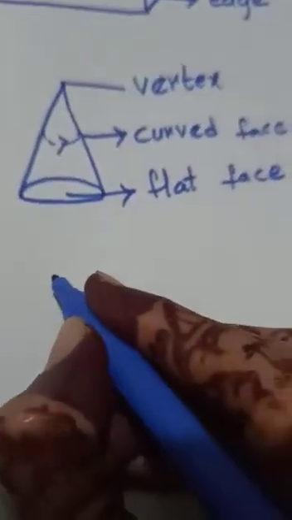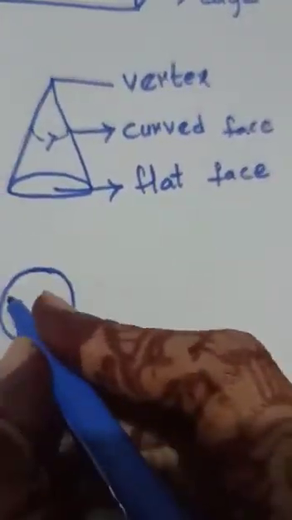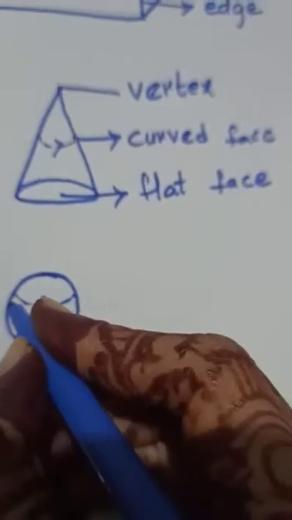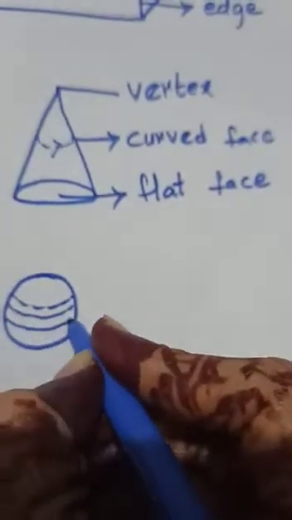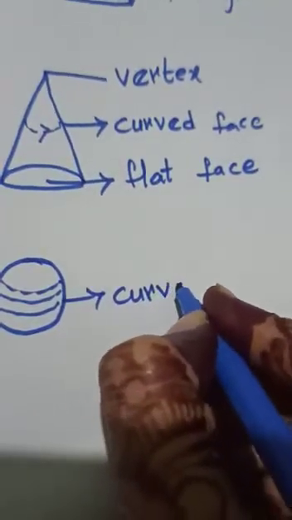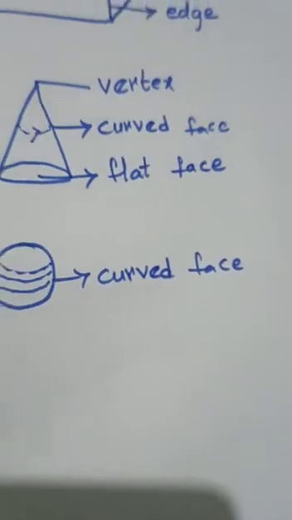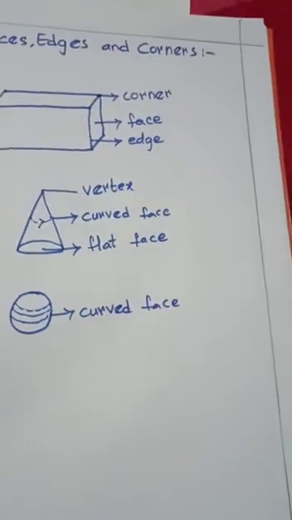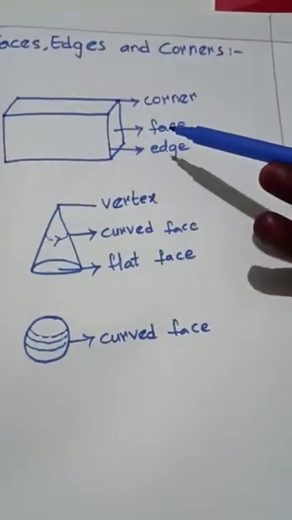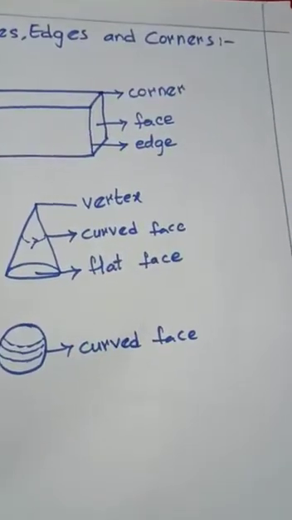Okay, next, what is this? Circle. These are curved face, curved face. Okay, please children, be perfect in these faces, edges and corners.